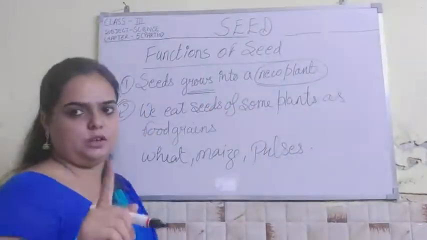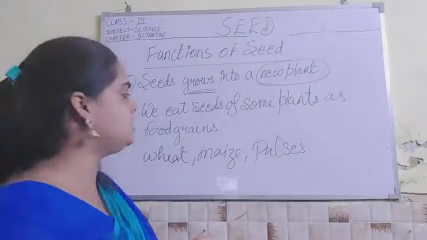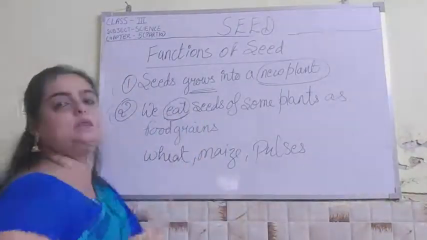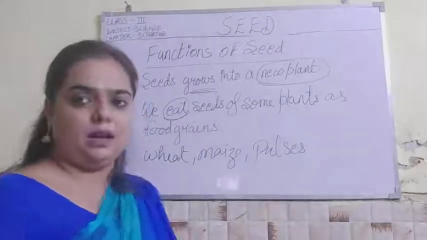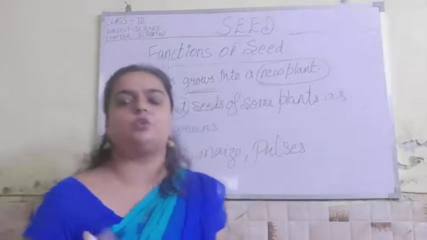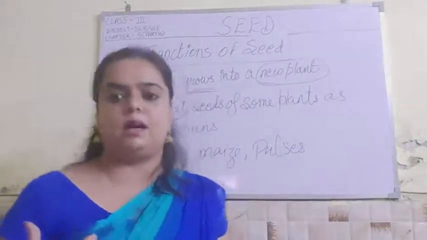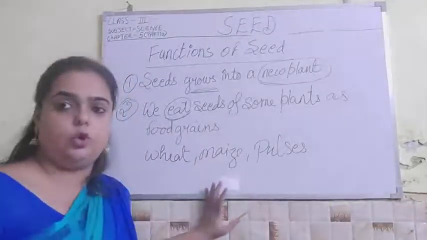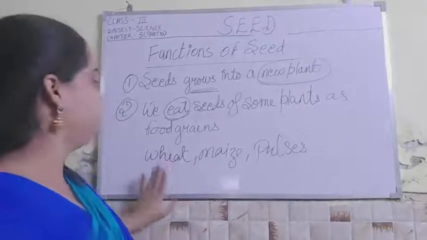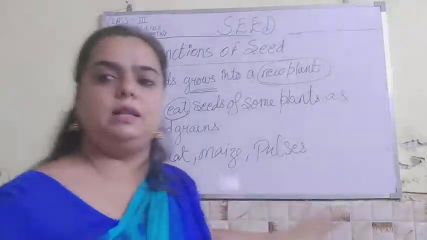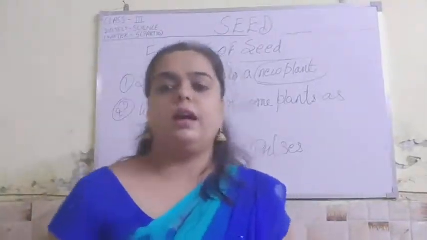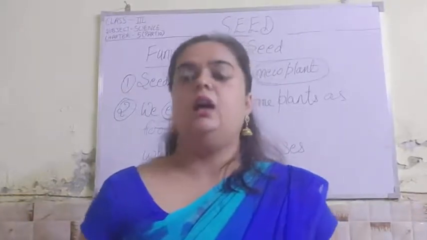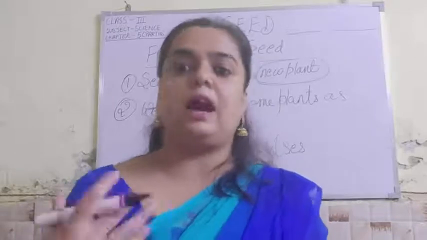And the second function is that we eat the seeds of some plants as food grains, and the examples of those seeds are wheat, maize, and pulses.